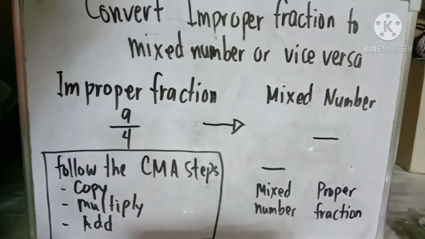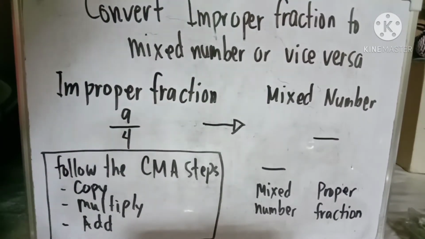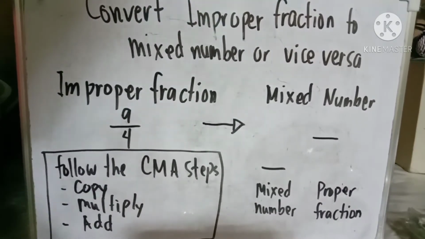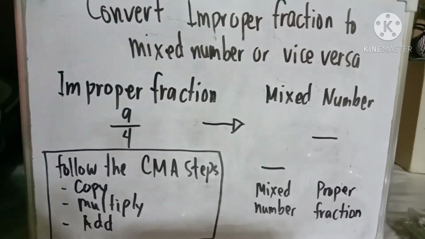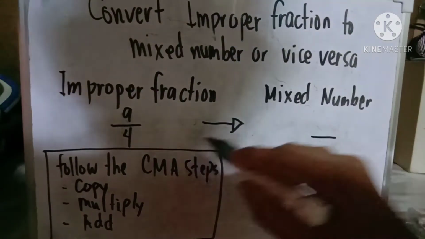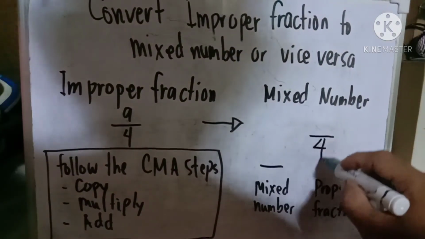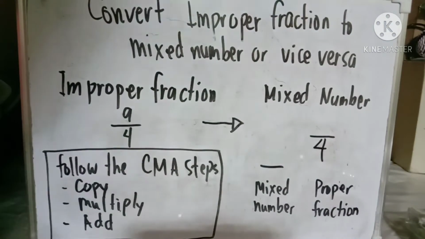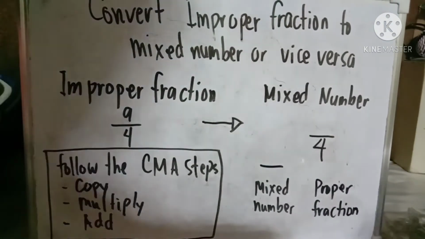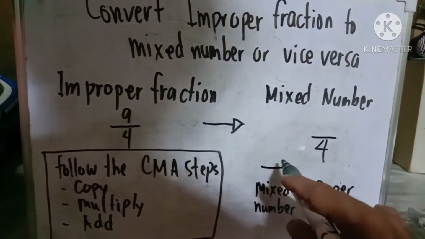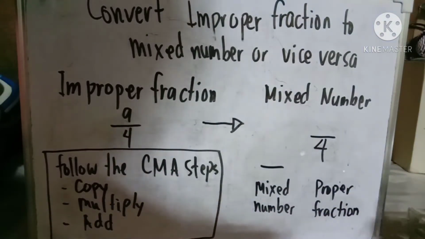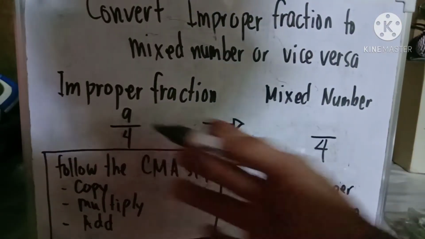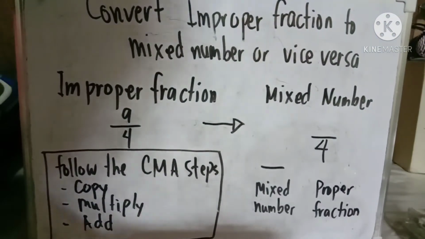Okay children, we have here the example of improper fraction 9/4. How to convert that into mixed number? Again, follow the CMA steps. First you need to copy the denominator. The denominator is 4, you can copy. Next, multiply the denominator and a whole number. Since there is no whole number here, you can find the whole number to multiply that is closer to 9 or smaller than 9.